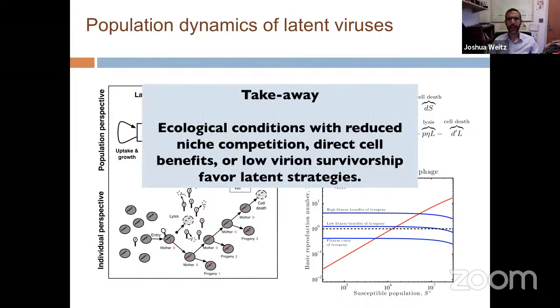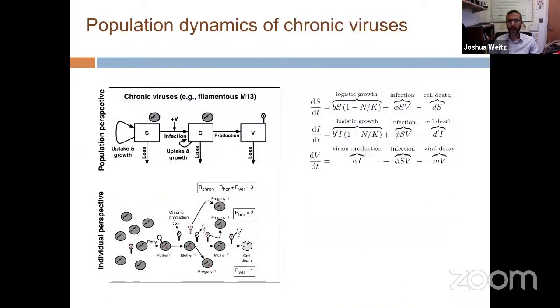So the takeaway here is that ecological conditions with reduced niche competition, direct cell benefits, or low variance survivorship can favor latent strategies. We can even start to do intermediate cases. There are not just these dichotomous outcomes, but also other forms of infections, including chronic infections.